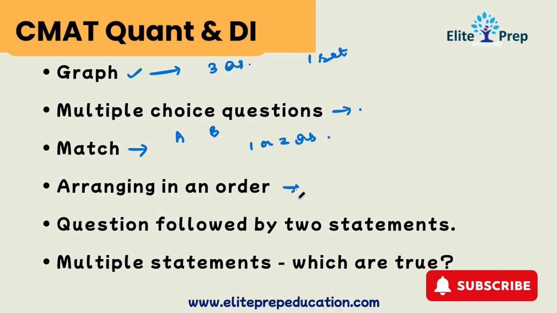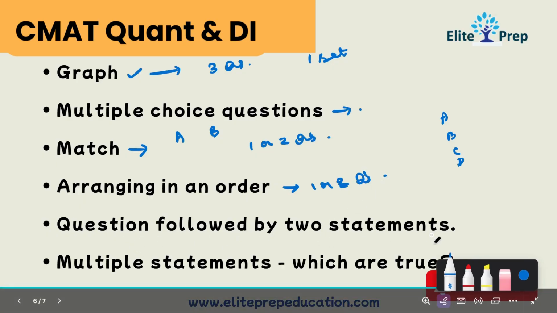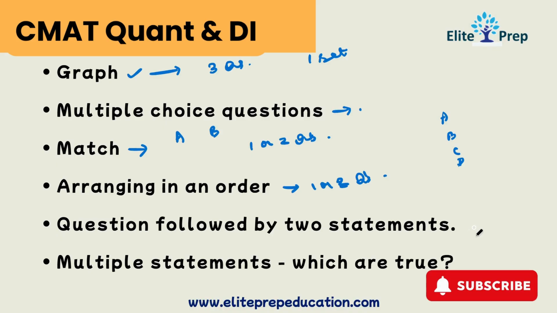Arranging in an order, like which value is higher. 4 expressions will be given, say A, B, C, D, and you have to find out the value and arrange them in ascending or descending order. This is also 1 or 2 questions. You can also have questions followed by two statements where you have to find out which statement is true.